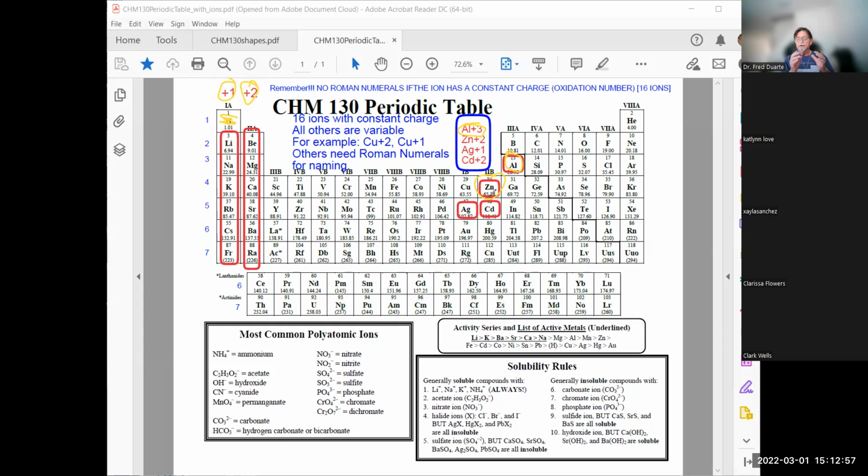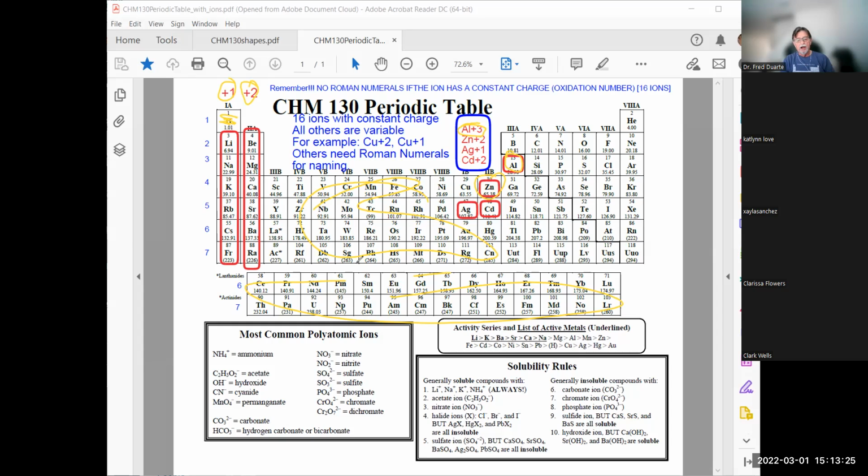So there you go: there are 16 elements, specifically metals, that have fixed oxidation numbers. That tells you that all the other metals have a variable charge, and we have to use Roman numerals to distinguish which one we're working with.